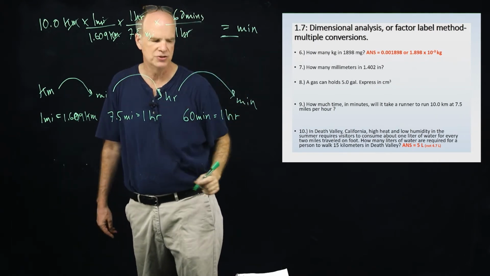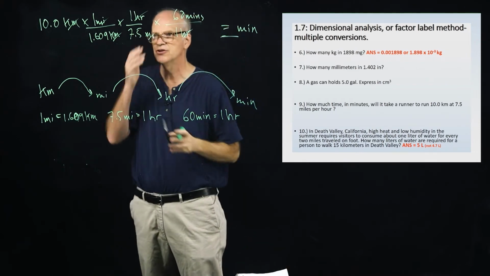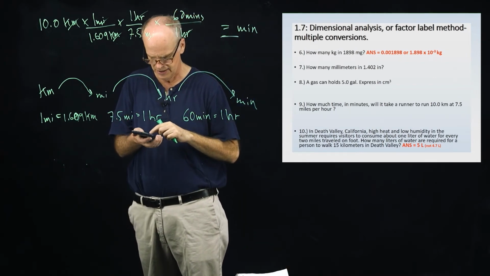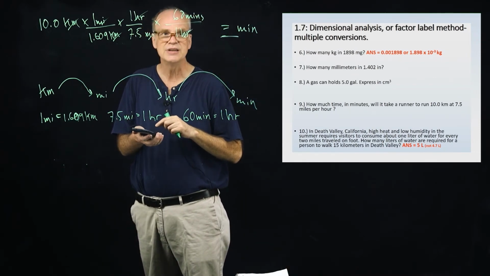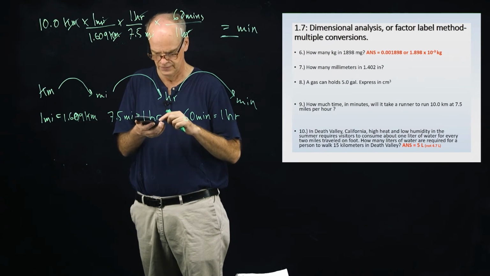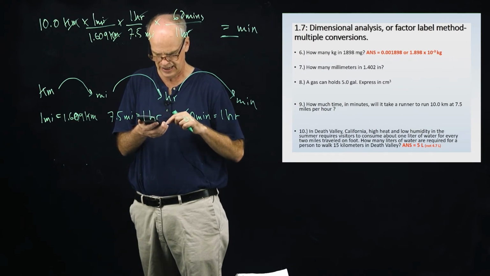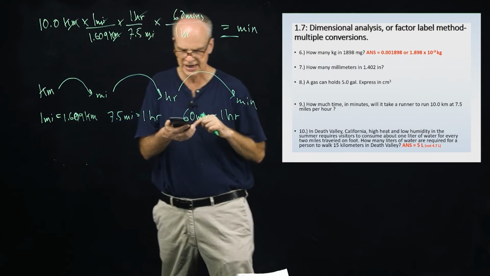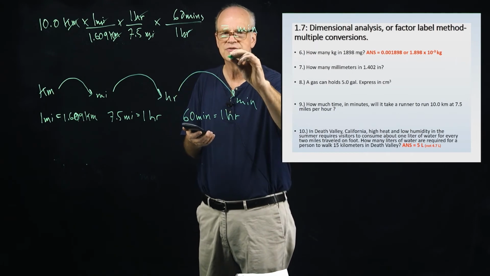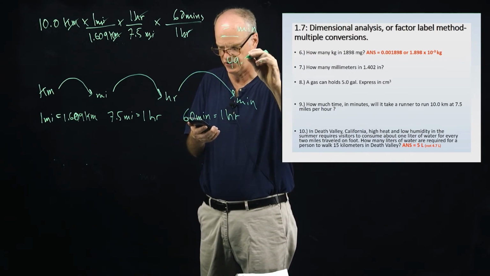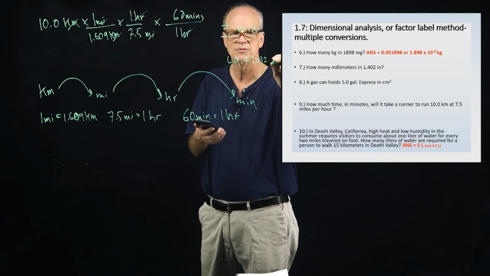Hours cancel, and we should get an answer in minutes. So I'm going to take 10 times 60 divided by 1.609 divided by 7.5. And the number I get is 49.9, 0.72032, and so on.